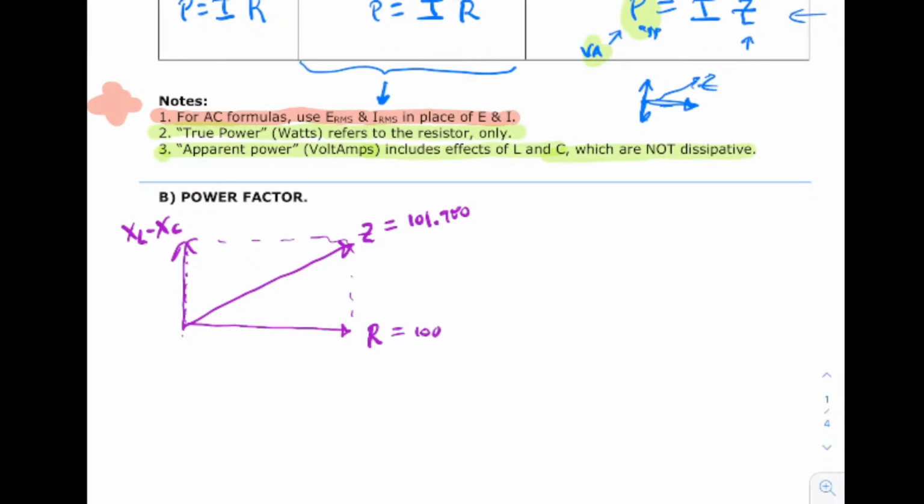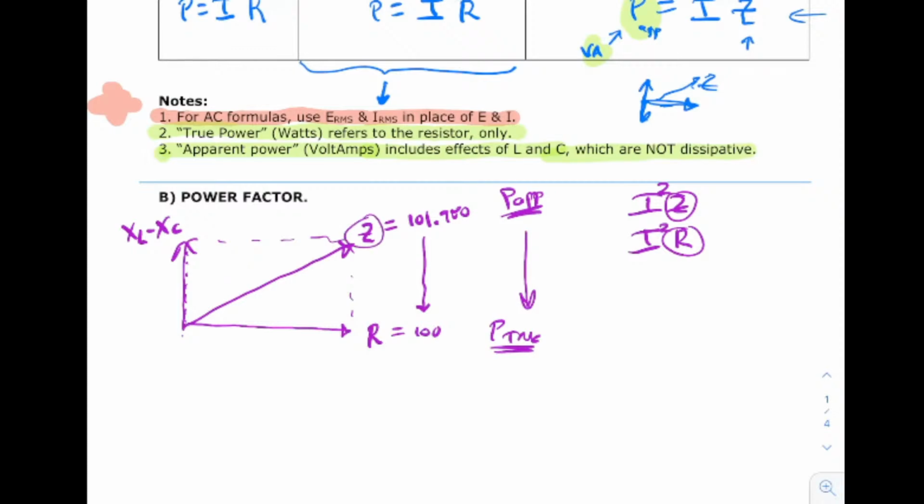Apparent power is based on the Z, the true power is based on the R. So if you want to turn your Z into an R, this same ratio would turn your apparent power into a true power. It's the same ratio, right? Because are you using I squared times Z, or are you using I squared times R? So if you want the apparent power, you multiply by your Z, and if you want the true power, you multiply by your R.